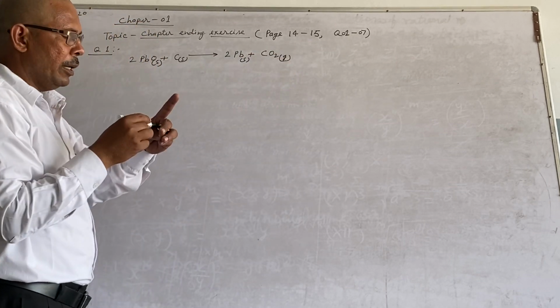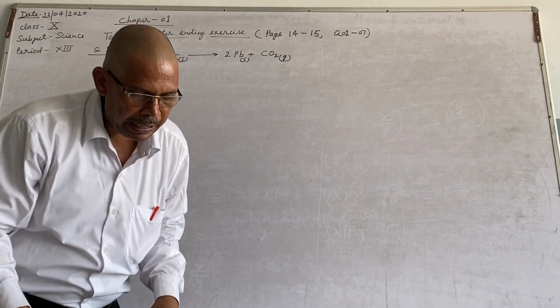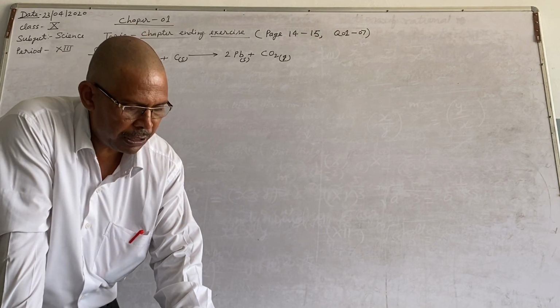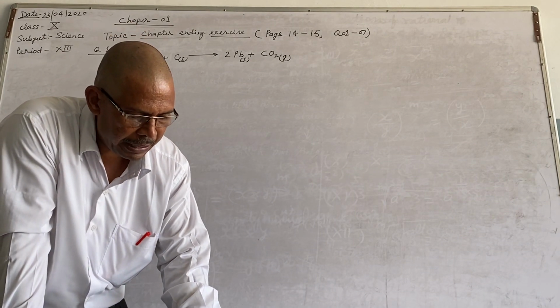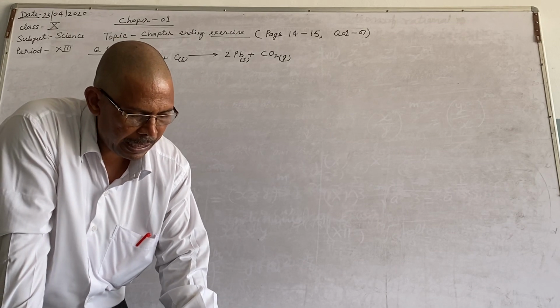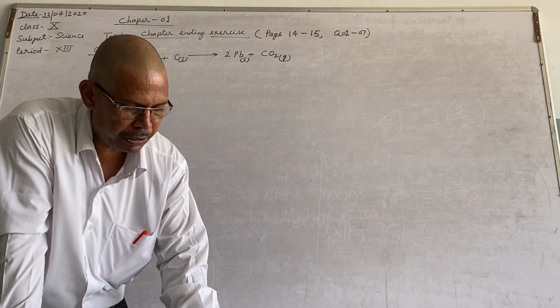For this reaction, which statement is incorrect? First option, lead is getting reduced, carbon dioxide is getting oxidized, carbon is getting oxidized, lead oxide is getting reduced.